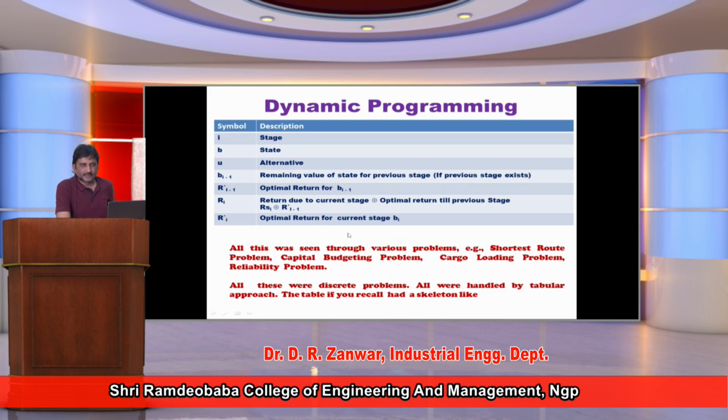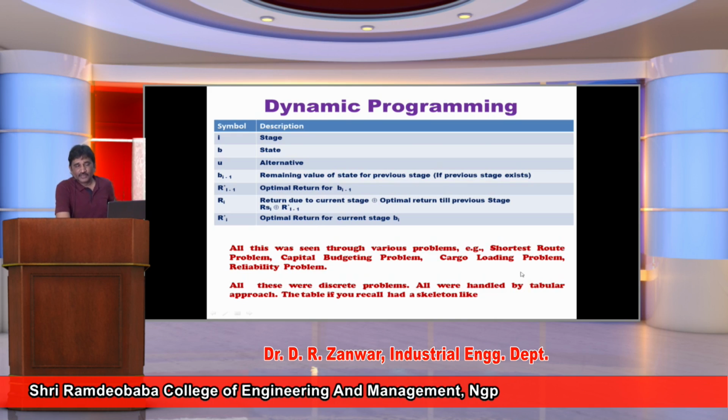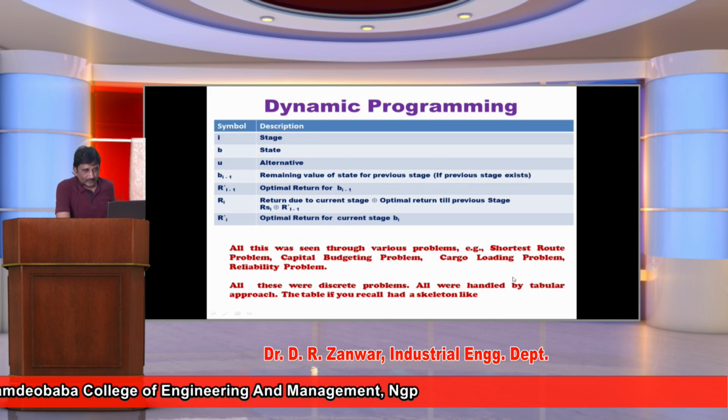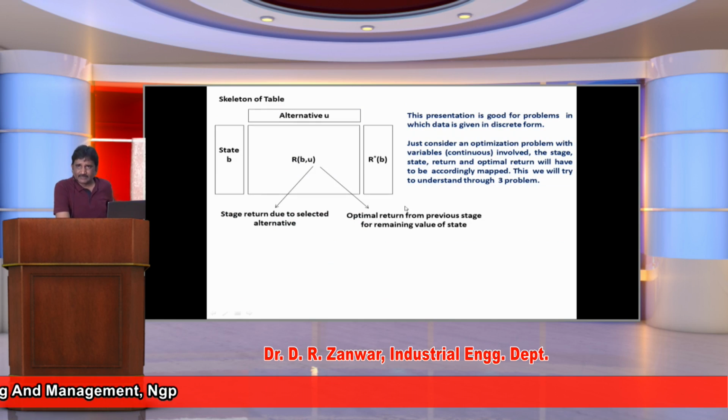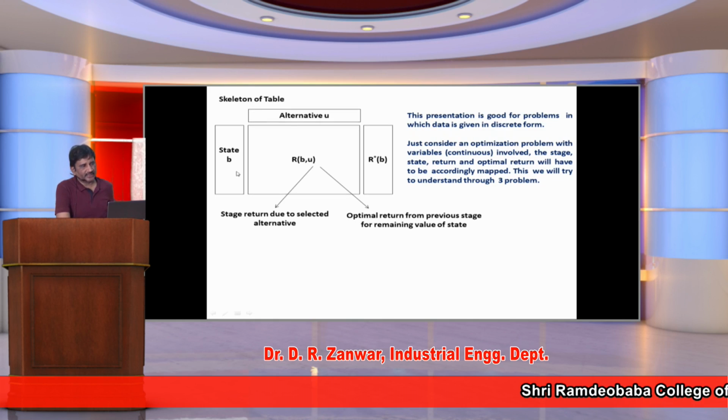So far, all the problems which we have solved, we solved by using a tabular approach. That was a very convenient approach. The skeleton for that table, if you recall, had the state written here. For example, in the cargo loading problem, you had the states like 0, 1, 2, 3, up till 10 written here.